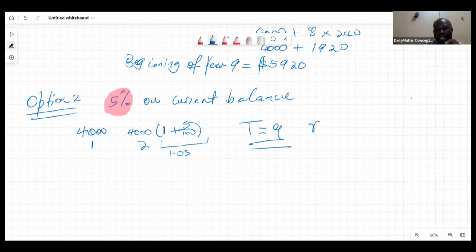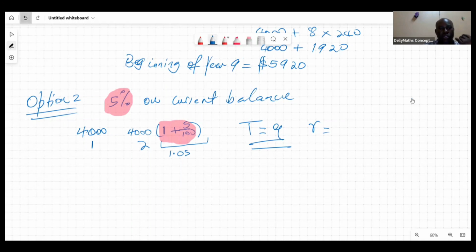So a simple way to go to year 9 is to understand the ratio that we're dealing with here is 5%, which means that this will go up to 9 minus 1.